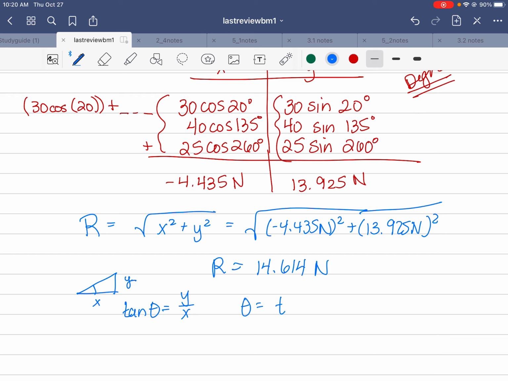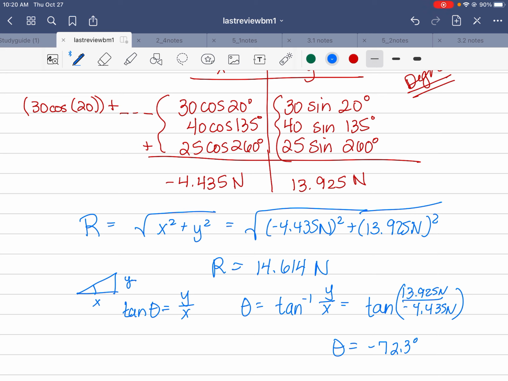So that angle is going to be the inverse tangent of y over x, which is going to be the inverse tangent of 13.925 newtons over negative 4.435 newtons.